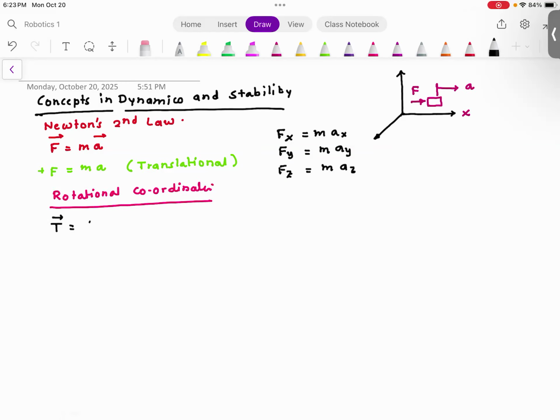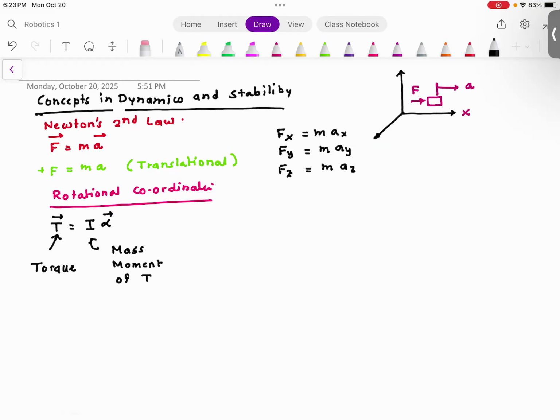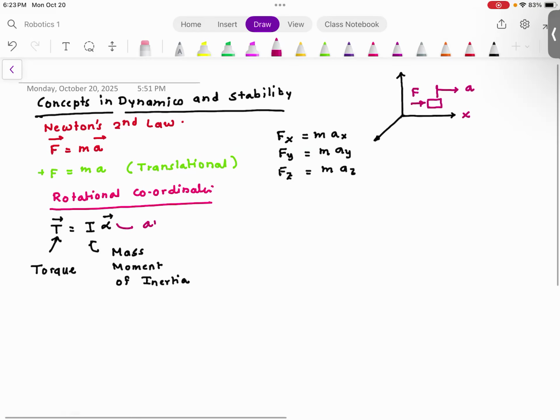Mass is replaced by a mass moment of inertia, which is a scalar quantity, and acceleration by the angular acceleration. So this is the torque. This is the mass moment of inertia. And the last one is the angular acceleration.